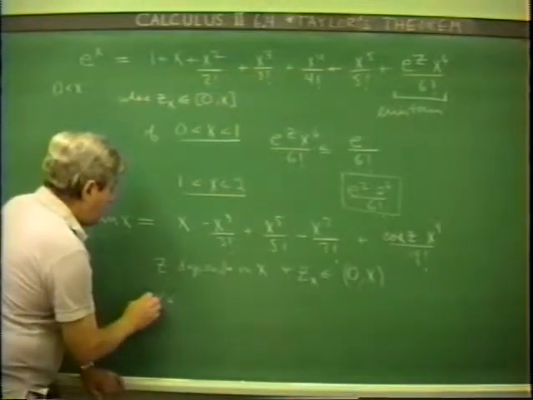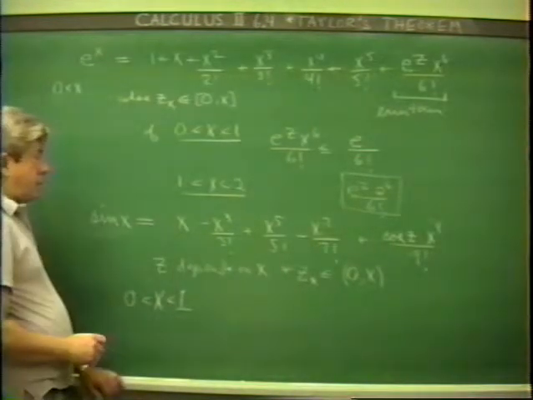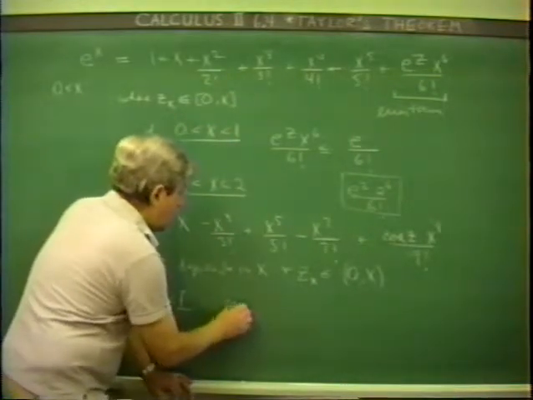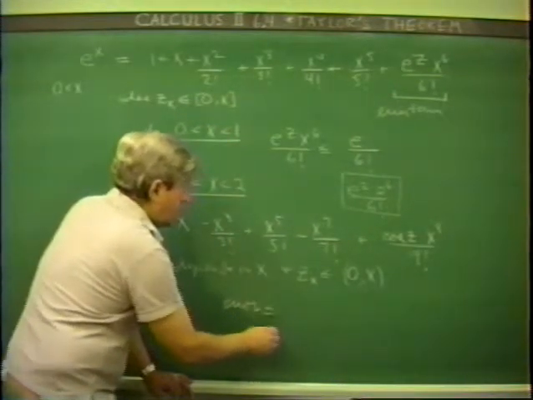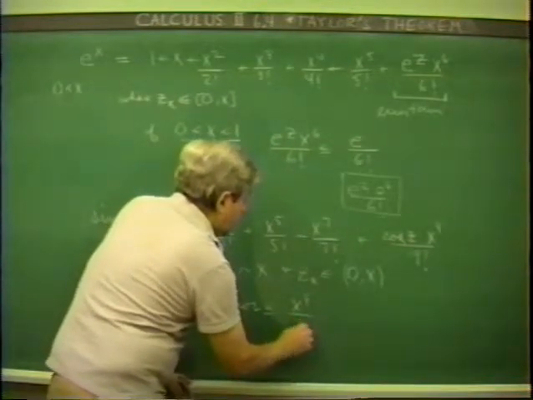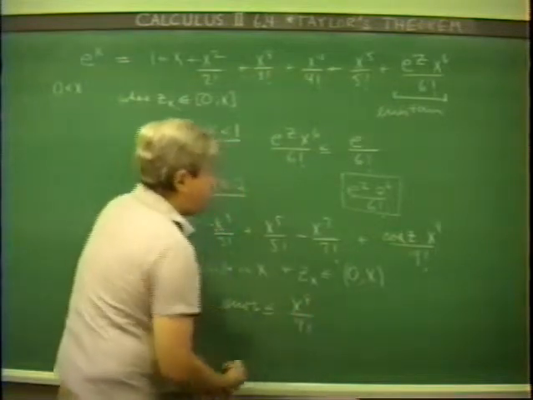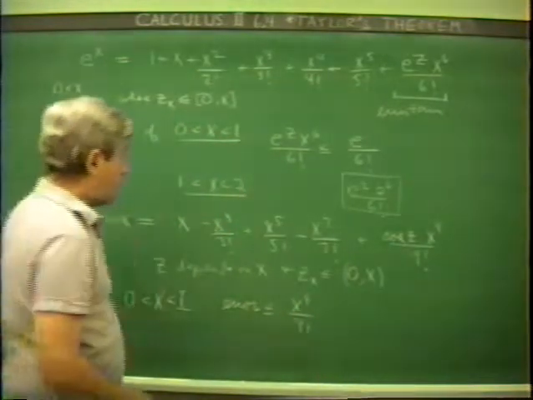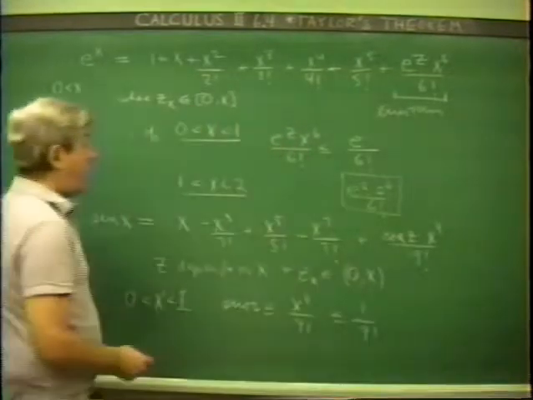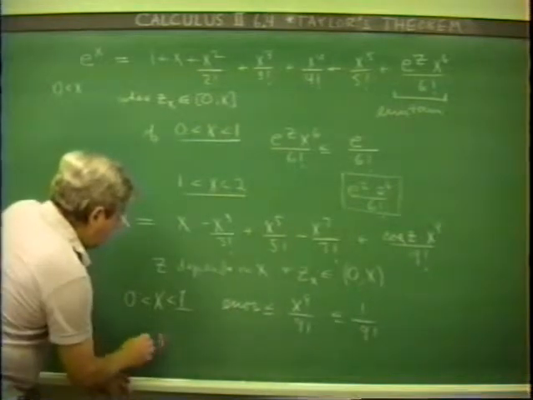Well, if x is between 0 and 1, cosine z is less than or equal to 1. The error will be less than or equal to 1 times x to the 9th over 9 factorial. Now, if x is very close to 0, then x to the 9th is going to be a very small number. Otherwise, this is less than or equal to 1 over 9 factorial, which may be an accurate enough approximation.